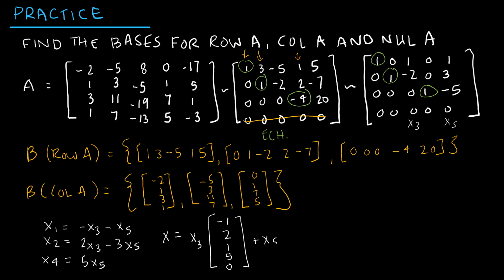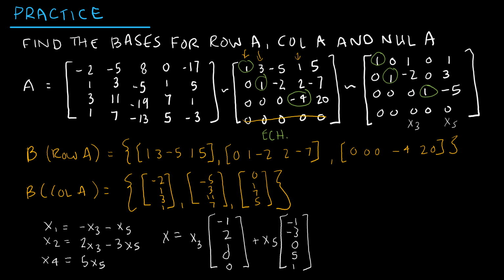And then x5 would be negative 1, negative 3, 0, 5. Whoopsies, I screwed this one up. Somebody help me. This should have been a 0. So negative 1, negative 3, 0, 5, and 1.